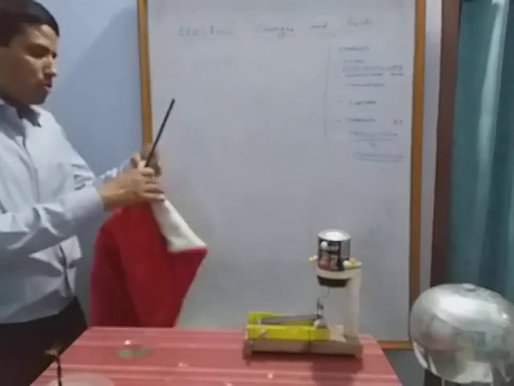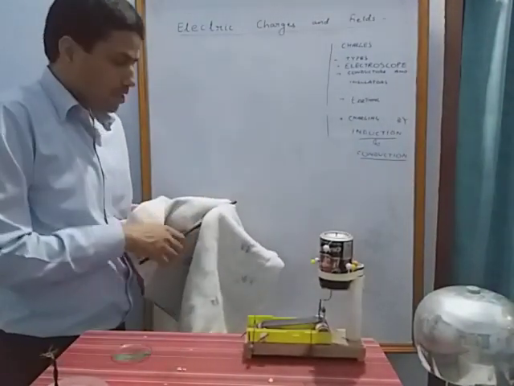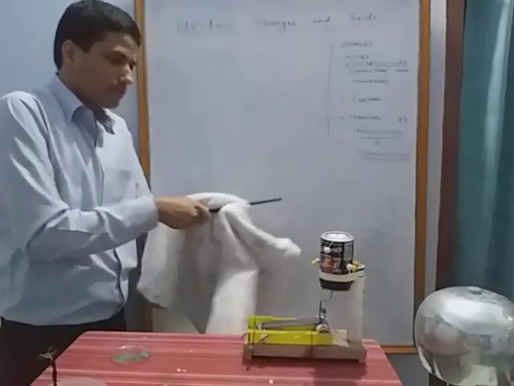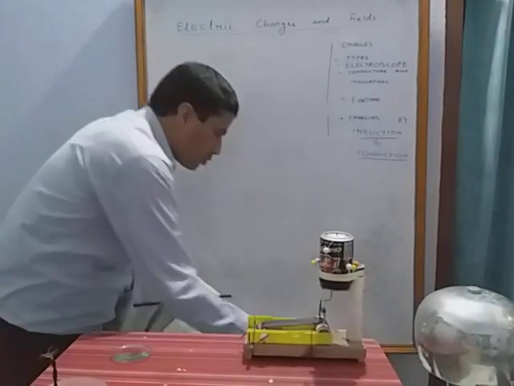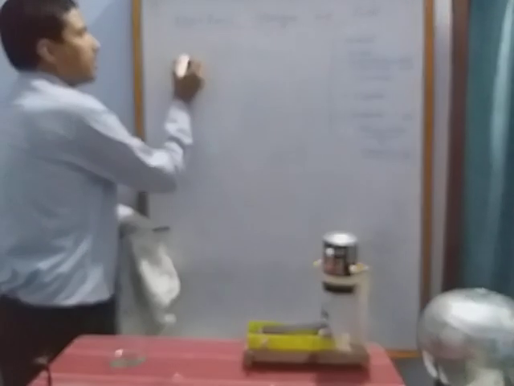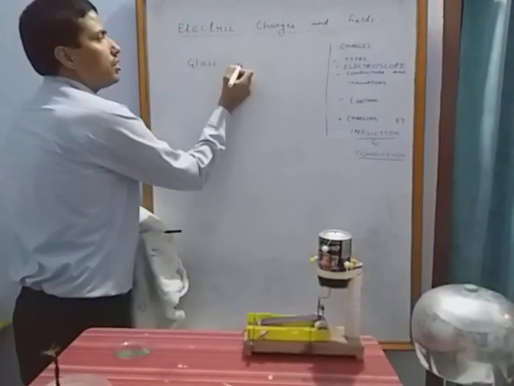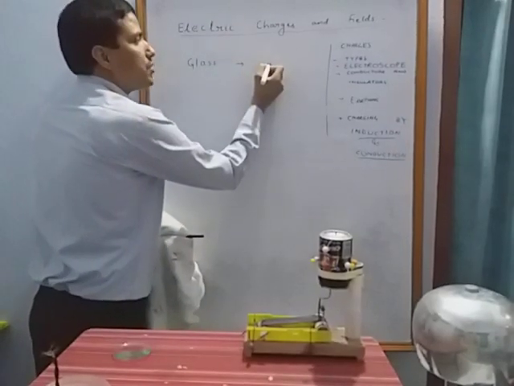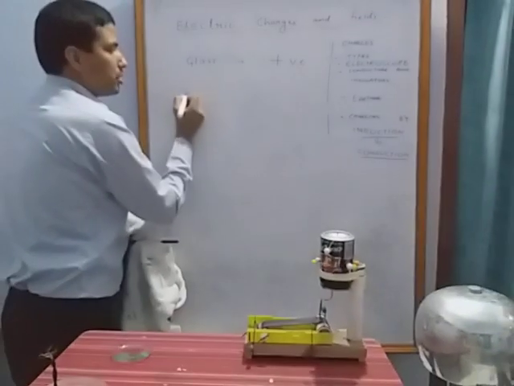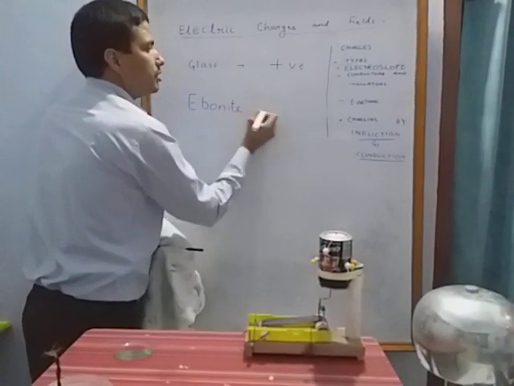Let's see now, how do these rods behave? Remember, this is negatively charged. I bring this ebonite rod. Now before I do so, let me remind you that a glass rod on rubbing acquires what kind of charge? Positive. And an ebonite rod acquires what kind of charge?